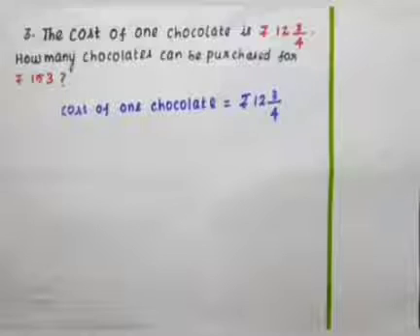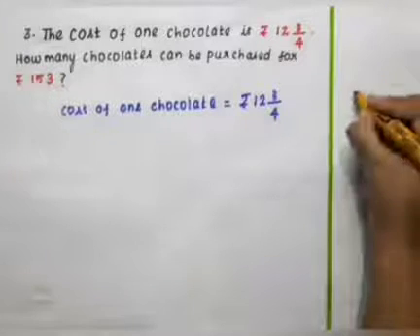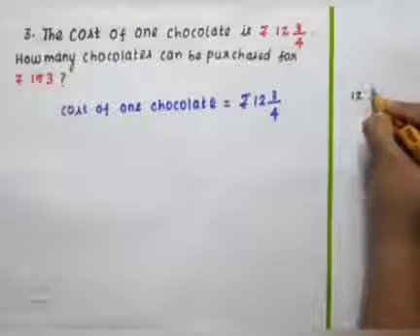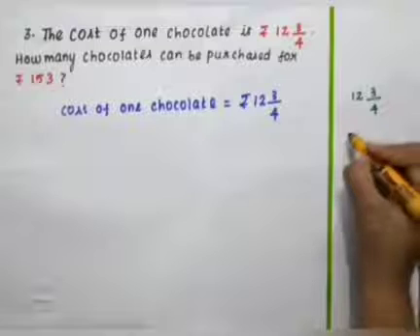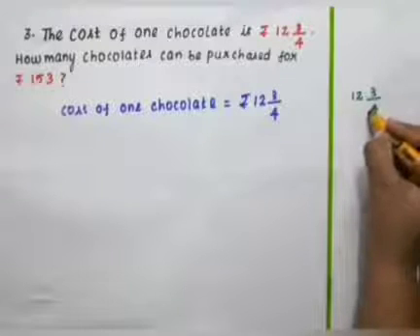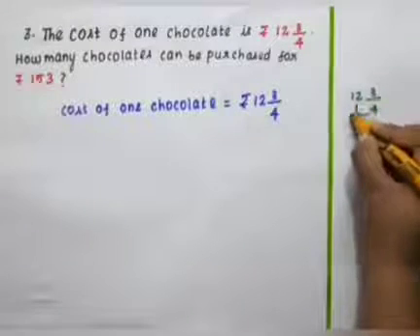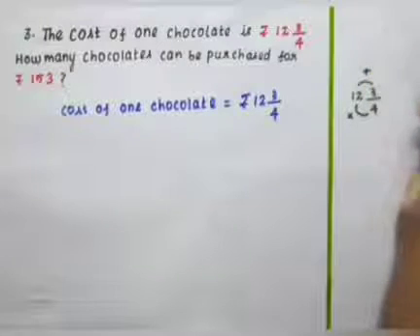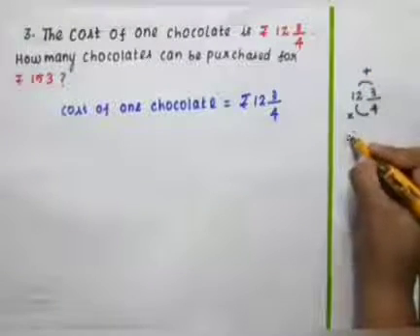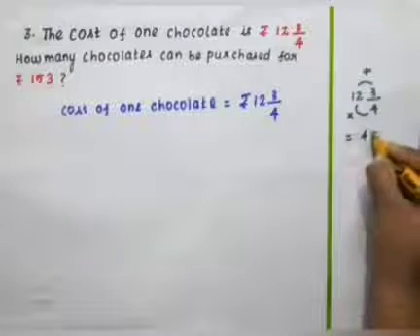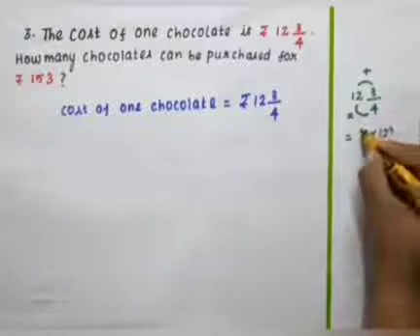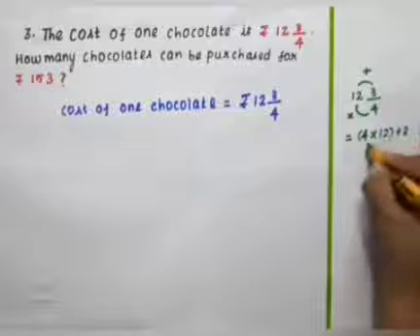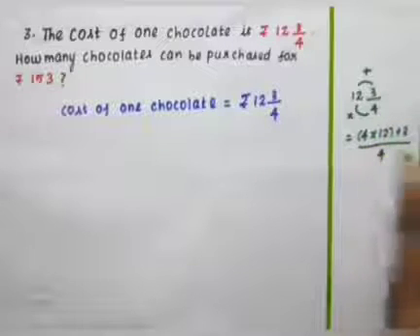It is a mixed fraction, so first we can convert it into an improper fraction. For 12 3/4, first we have to multiply the denominator of the fraction with the whole number and then add it with the numerator. This is equal to 4 into 12 added with 3, the whole divided by 4.